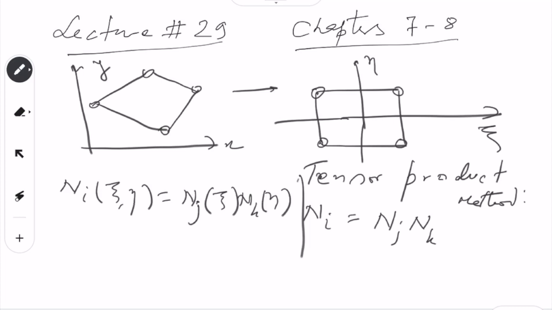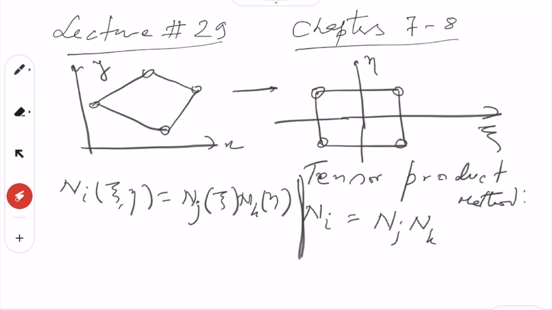So we are using two linear shape functions. This shape function, which is linear, goes from 1 to 0, and in the y direction it goes from 1 to 0, something like this. From that we construct.